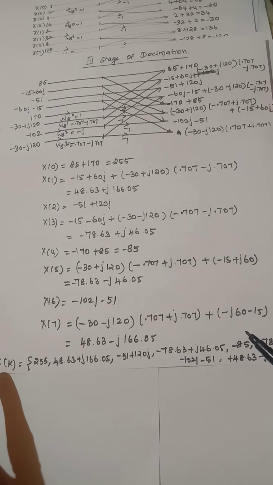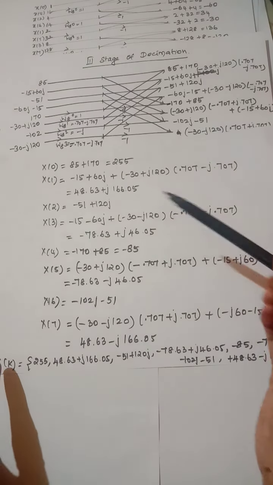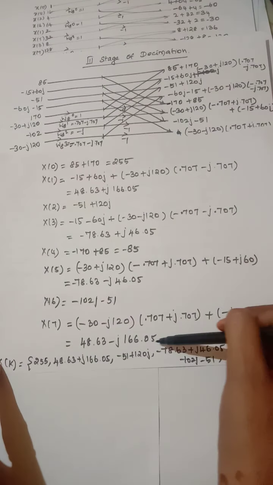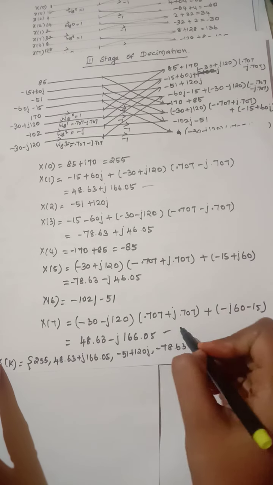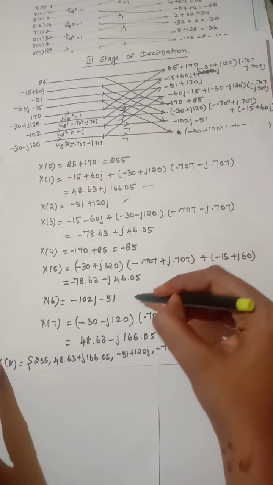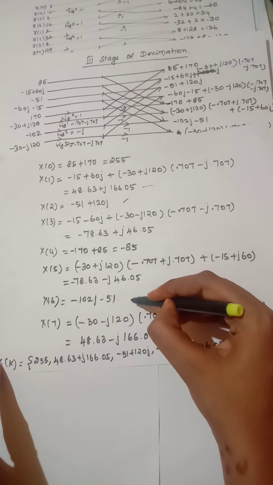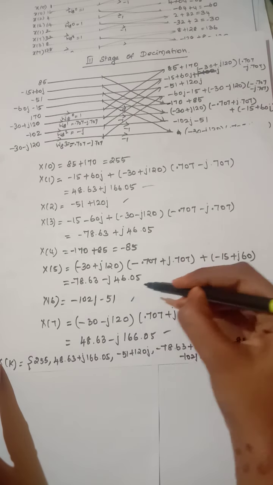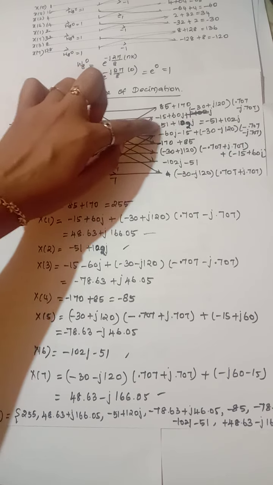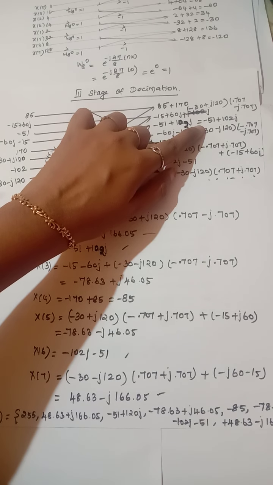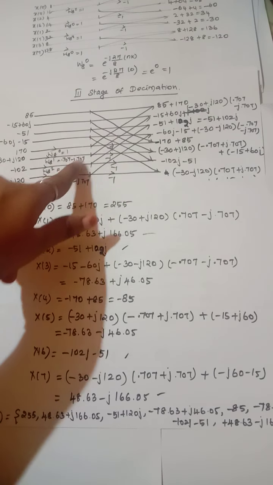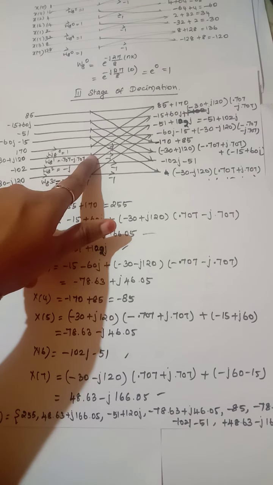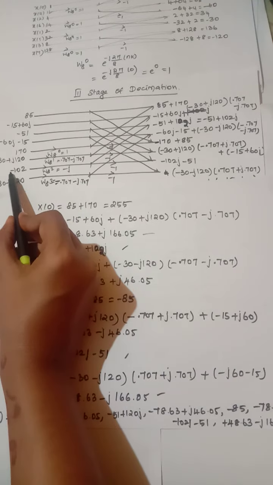Okay, now if you want to verify whether your output is correct, you know that x of 1 and x of 7 should be the complex conjugate. See, this one and this one is the complex conjugate. Similarly minus 51 plus 120j, minus 21. Listen, here I have just had a confusion. Here it is minus 51 plus, here it is coming from in this way, so it is minus 51 plus 102j.